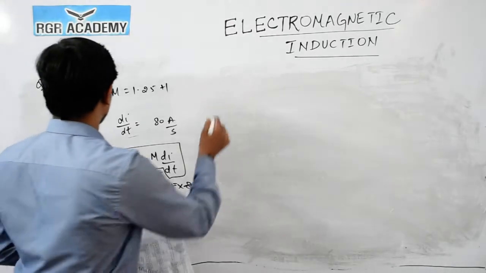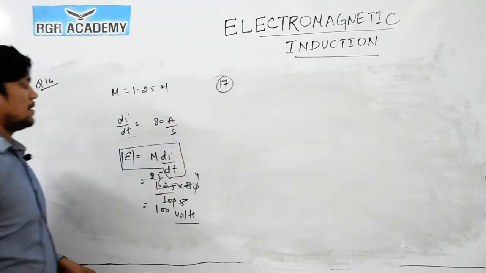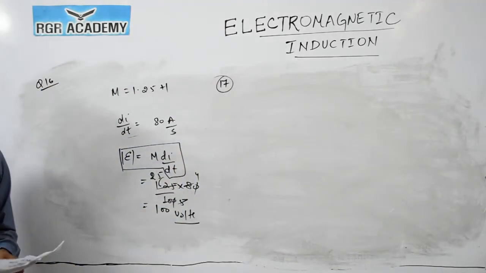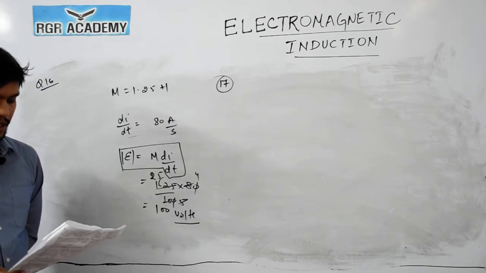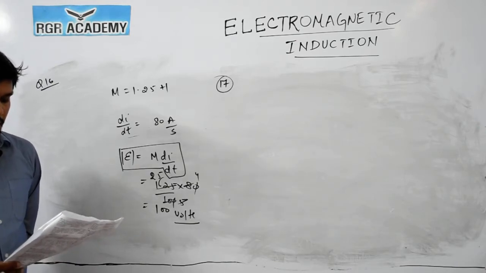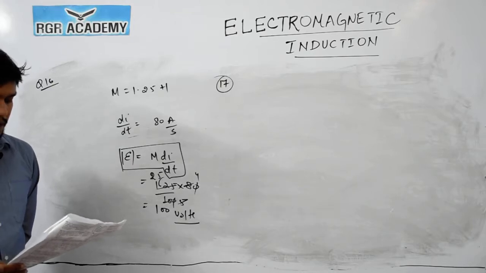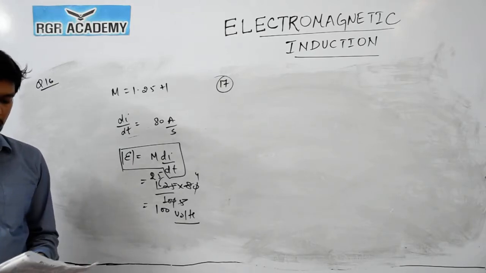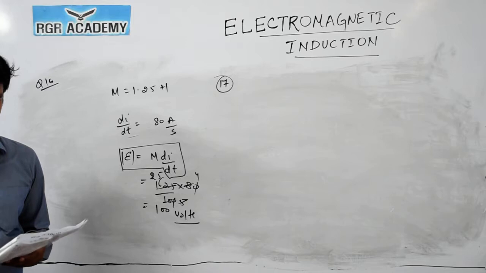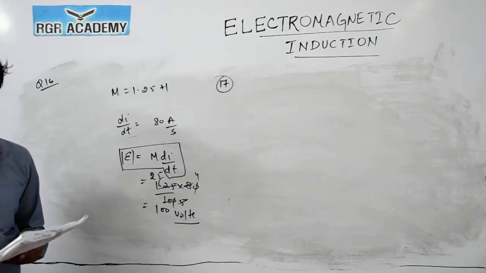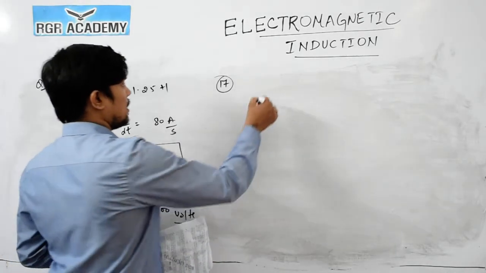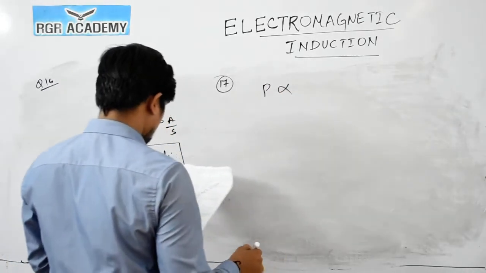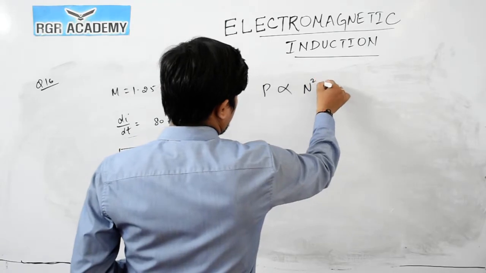Okay. Now question number 17. A short circuited coil is placed in a time varying magnetic field. The electric power is dissipated due to the current induced in the coil. If the number of turns is to be quadrupled and the radius is halved, the electrical power dissipated will be, as we know that power will be proportional to N square R square.